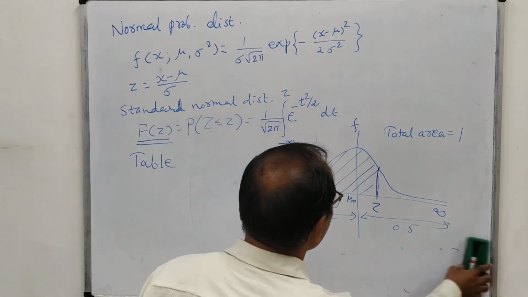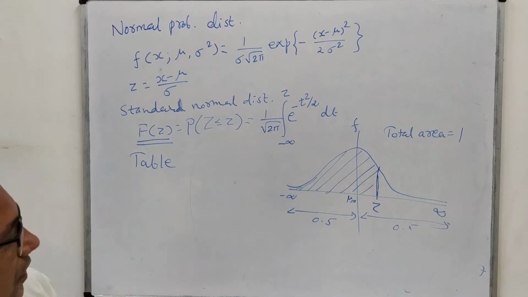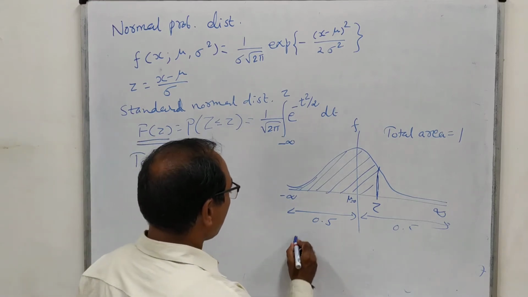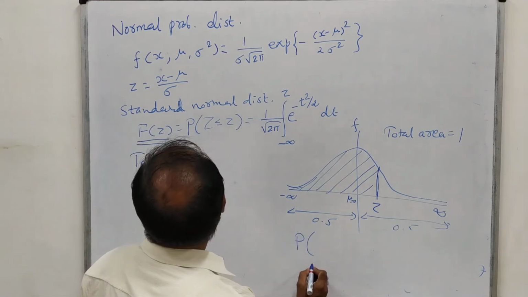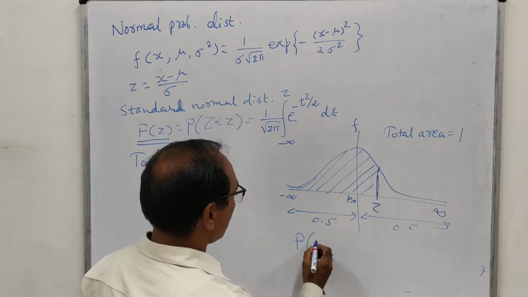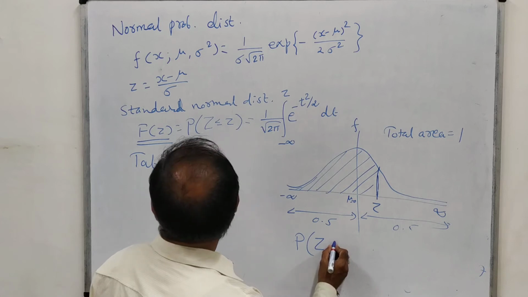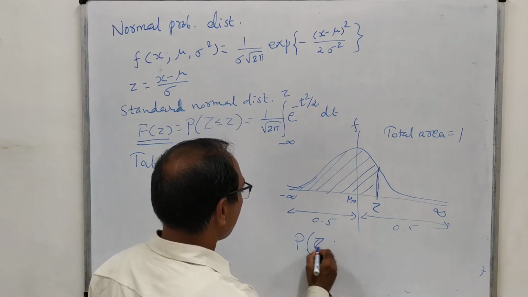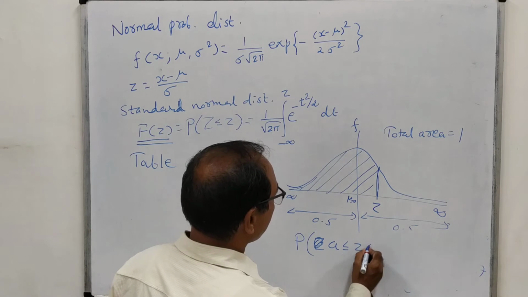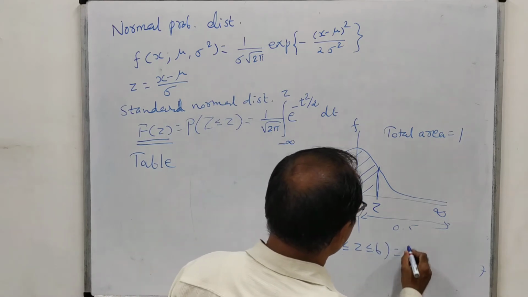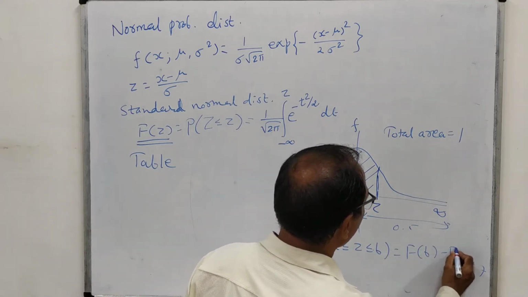Also we have seen that the probability of a less than or equal to z less than or equal to b is nothing but f of b minus f of a.